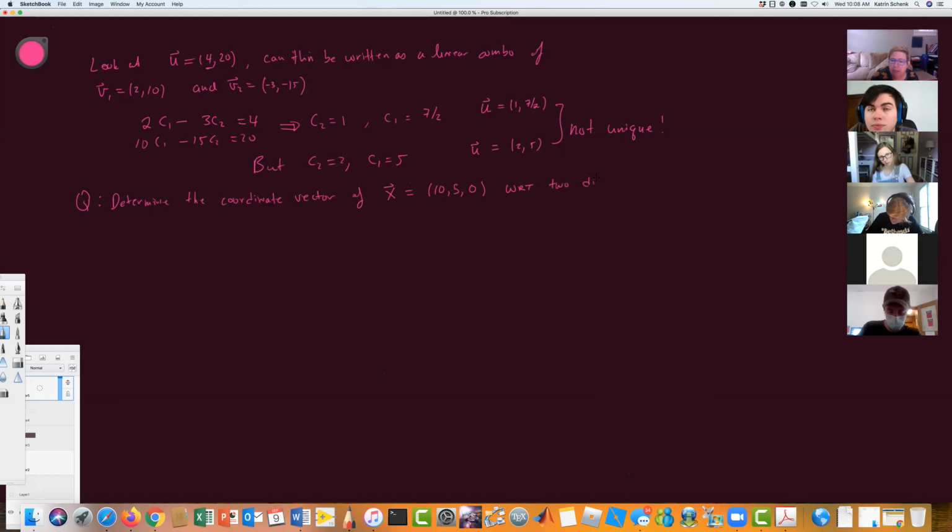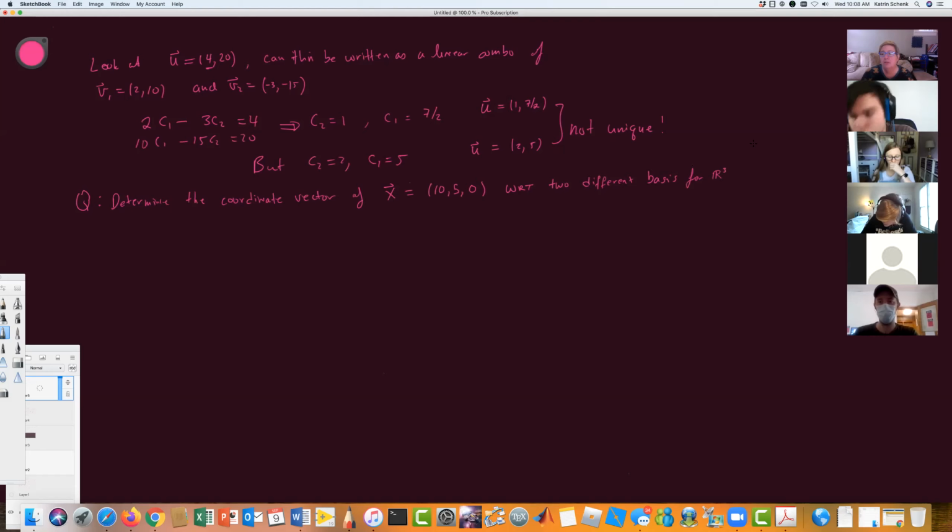Now here I'm not asking you to tell me if these things are bases. I'm saying they are bases. So I'm already telling you that they're linearly independent and they span R3, two different bases for R3. And by R3, we mean the vector space consisting of vectors in three dimensions, x, y, z.